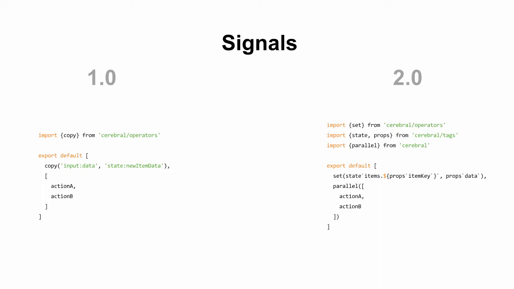But now we can use these tags instead. It's the same concept. We say we want to set some path in the state, and again we use template literal composition to tell it to insert some state on a specific item. And then we say props data, which is the value we want to set.